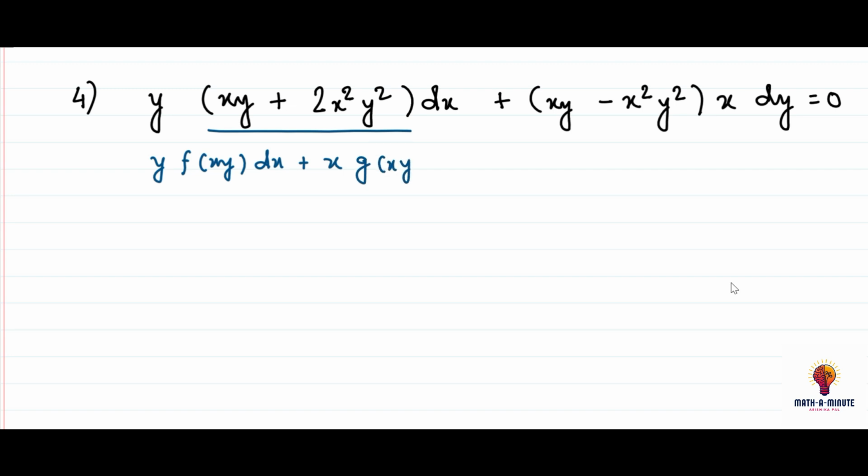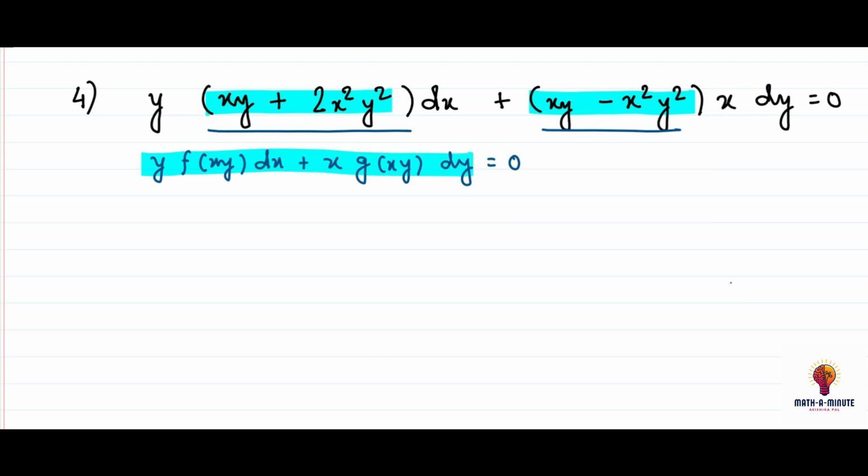Let me take this function as g(xy), dy equals 0. So we can write this differential equation in this form. Now for this problem, we can easily identify that we have to apply rule 4 to find the integrating factor.